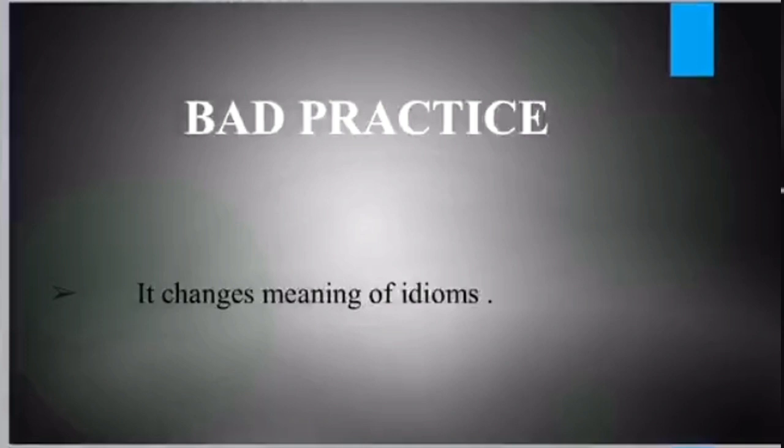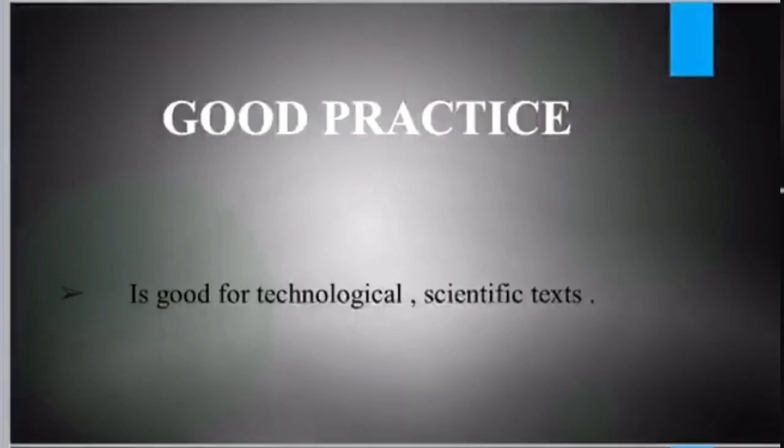But word for word translation has changed the whole meaning and concept of the sentence. It's like the dogs and cats are coming down from the sky, but that's not happening. It's raining very heavily. And it's a good practice for scientific, technical and technological text, not for literature.